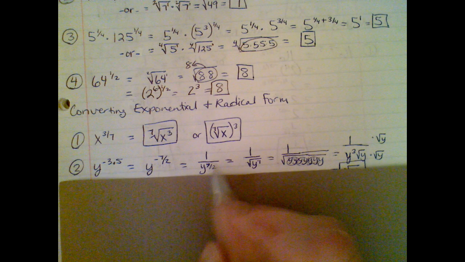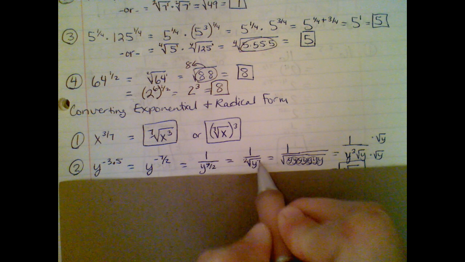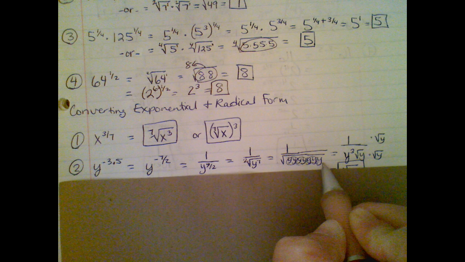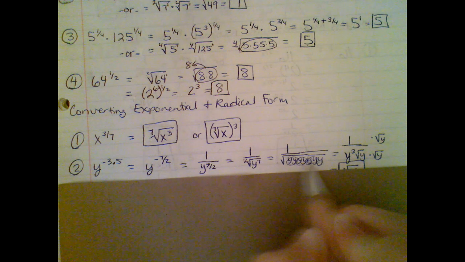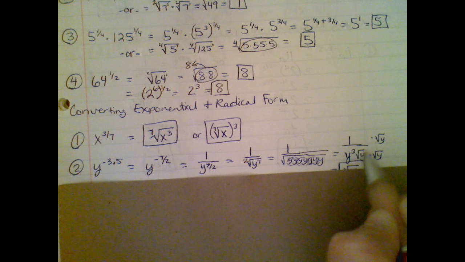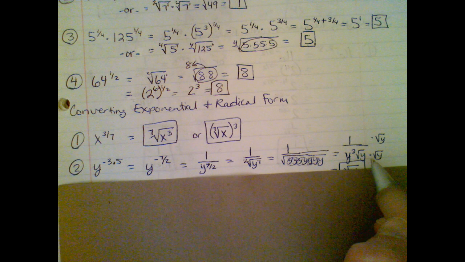So then we have our 2 goes as our root, 7 goes as our exponent. We have 7 y's, so we can bring them out in groups of 2. So we have 1, 2, 3 pairs, so y to the 3rd power times the square root of y. Now we cannot leave that as our final answer. We can't leave a square root in the denominator.